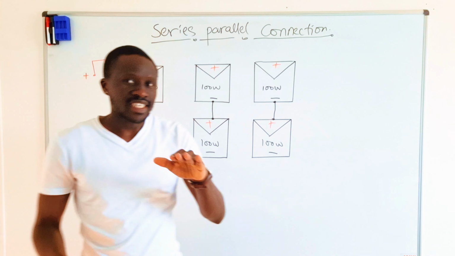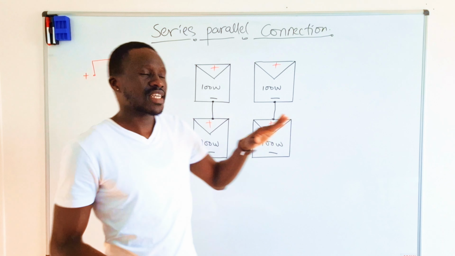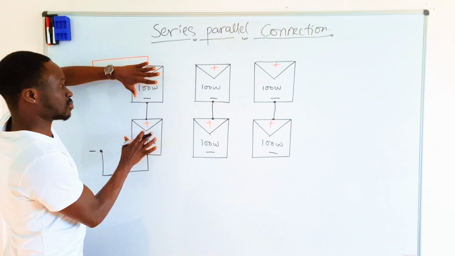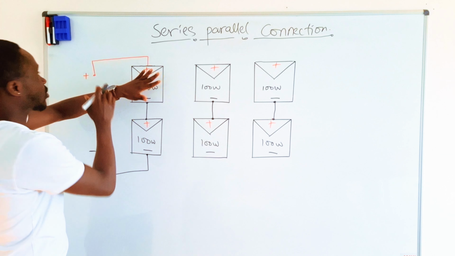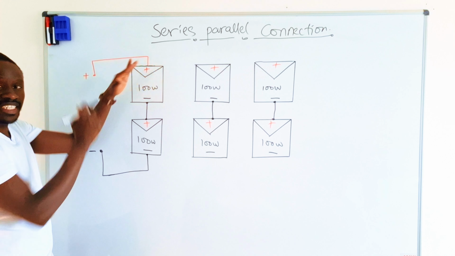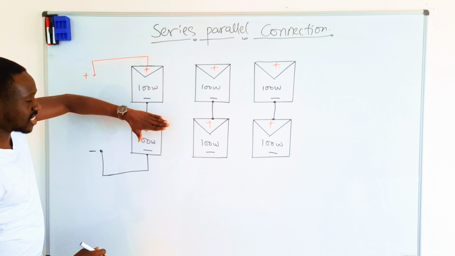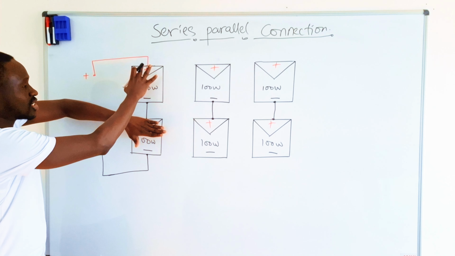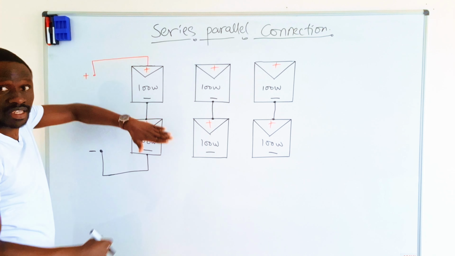Because we have seen that in series, when one panel has a shade, it affects the other panel, because the output will be affected. Or if this panel gets a shade, this negative terminal will be affected, and the system will have no output.